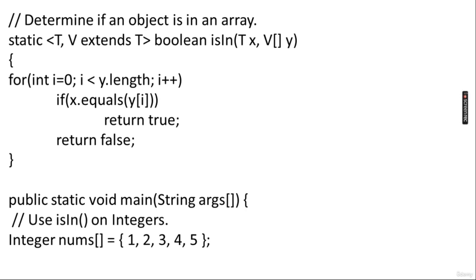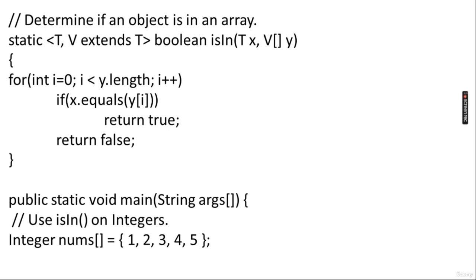For int i equals 0, i less than y.length, i plus plus, iterating through the y array, if x equals y[i], so whatever element x of type T equals y[i], any element of the y array, it will return true, and otherwise it will return false.